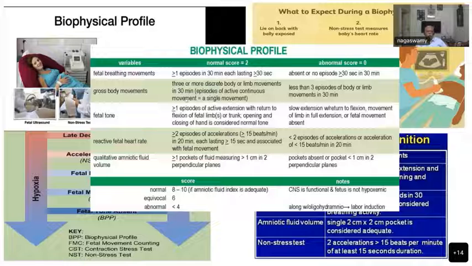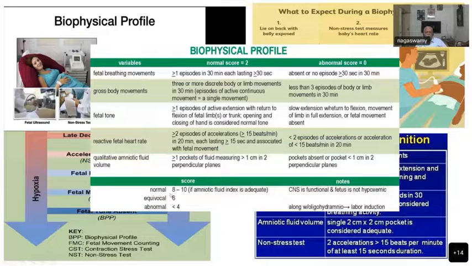By measuring all these, each gets a normal score of 2 or an abnormal score of 0. If a baby comes under the category of 8 to 10 with a normal amniotic fluid level, that means both the central nervous system function and the oxygenation are good, so the baby is not compromised.